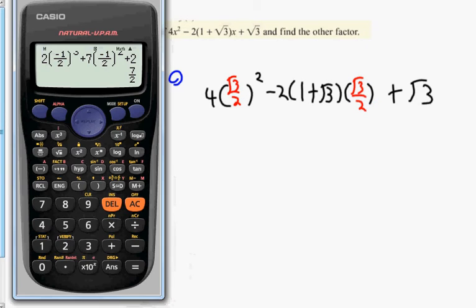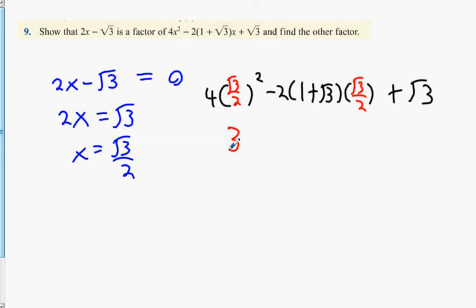To give the illusion I didn't use my calculator too much, see if you just wrote down 0 equals 0, you aren't showing enough workings, are you? So what you could do is just say 4 times root 3 over 2, perfect, press the fraction button first. Yeah, 3.